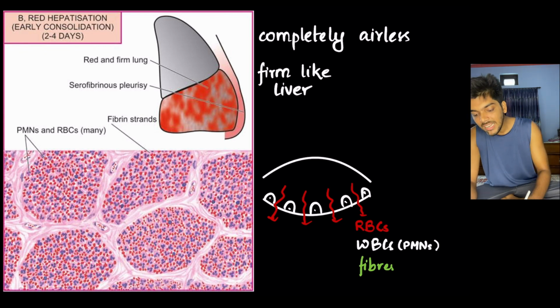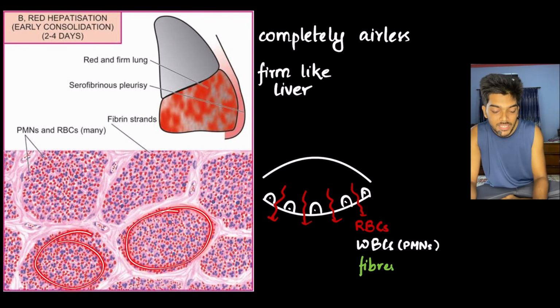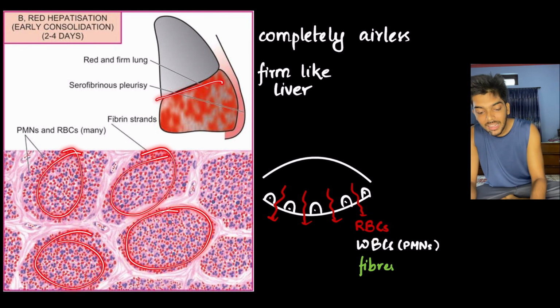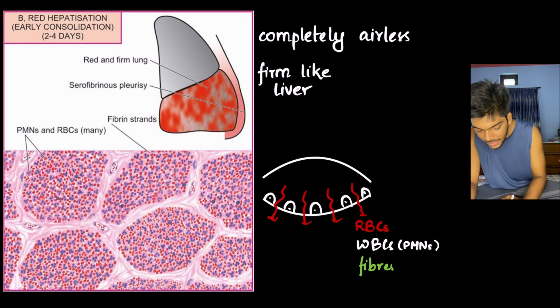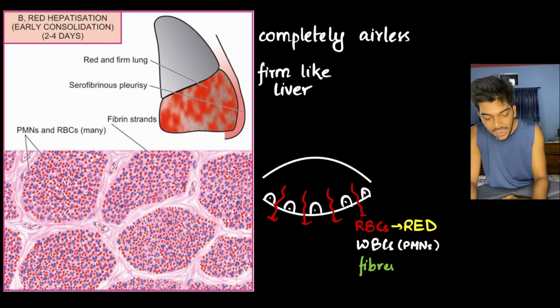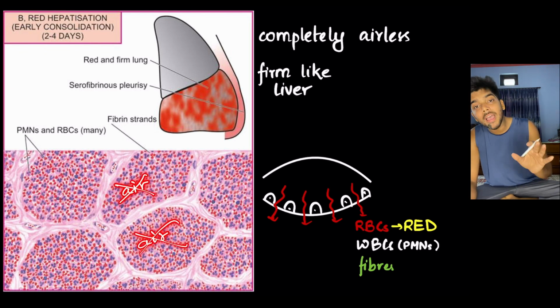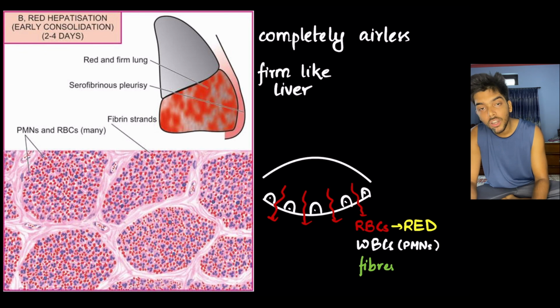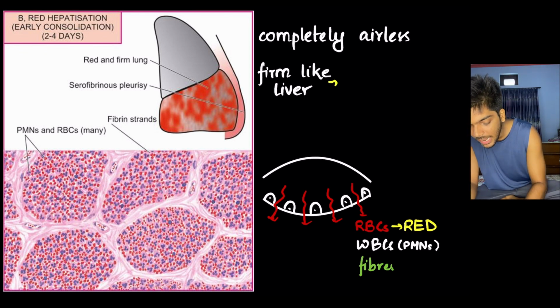Due to the leakage of red blood cells from inside the blood vessel, the red blood cells are filling the alveolar spaces now. So the lung appears red. The air that was inside the alveoli is now completely replaced by cells. As a result, the lung becomes firm, like liver, so-called hepatization.